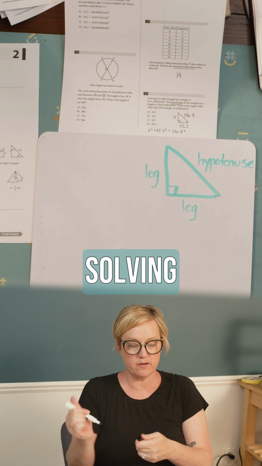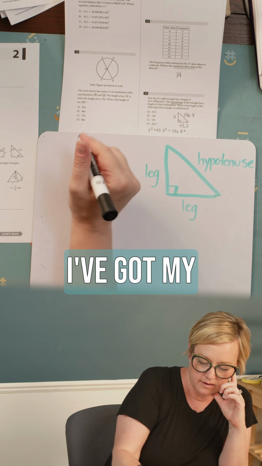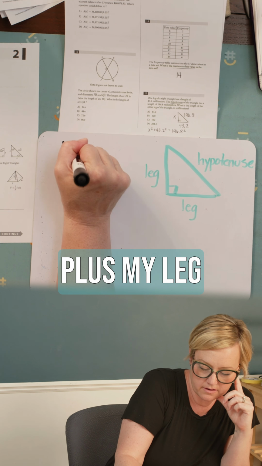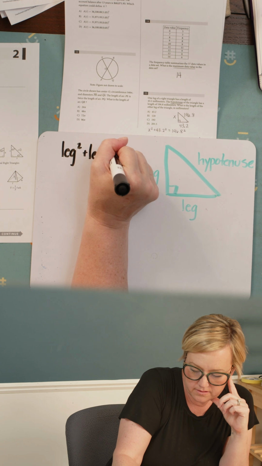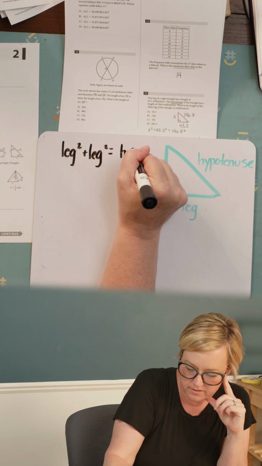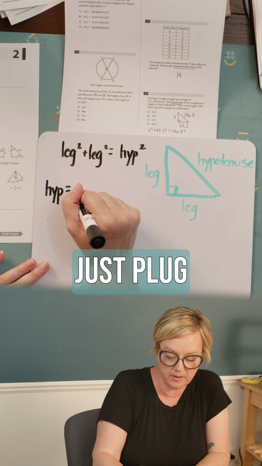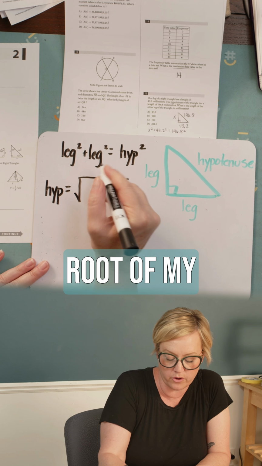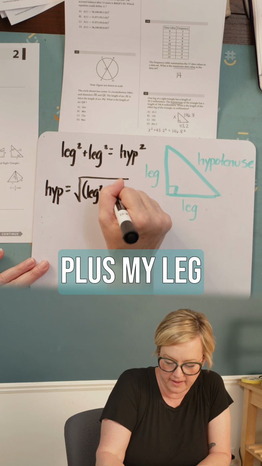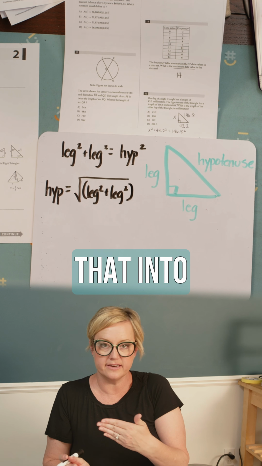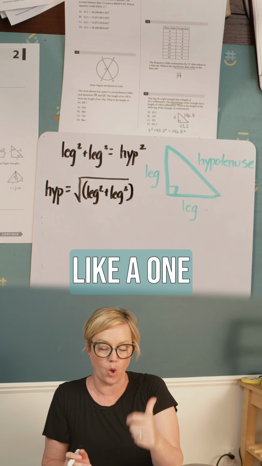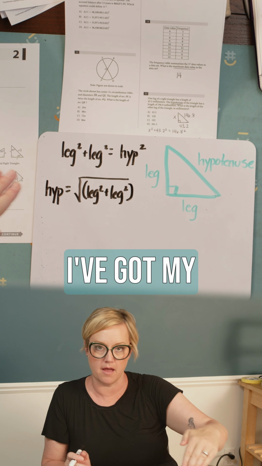If I need to find my hypotenuse, I can just plug into my calculator the square root of my leg squared plus my leg squared. That's just one keystroke and enter, and I've got my side length.